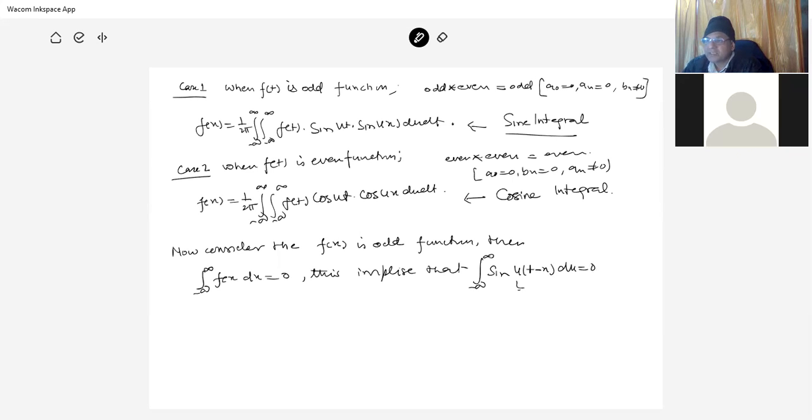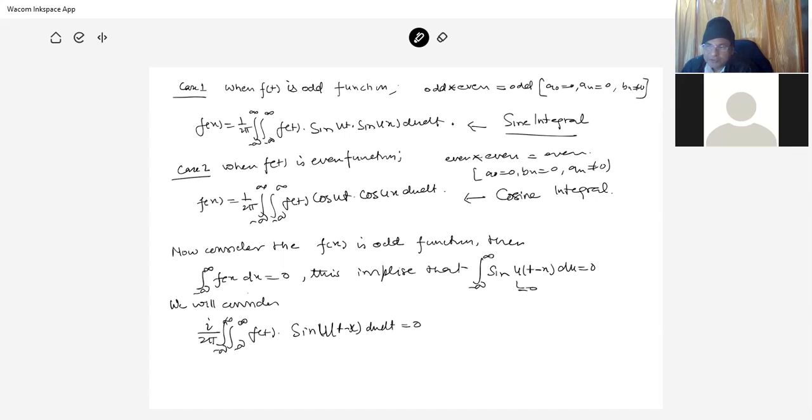So we consider i upon 2 pi, minus infinity to plus infinity, f of t sin u(t minus x) du dt is equal to 0. So this sine function is 0.